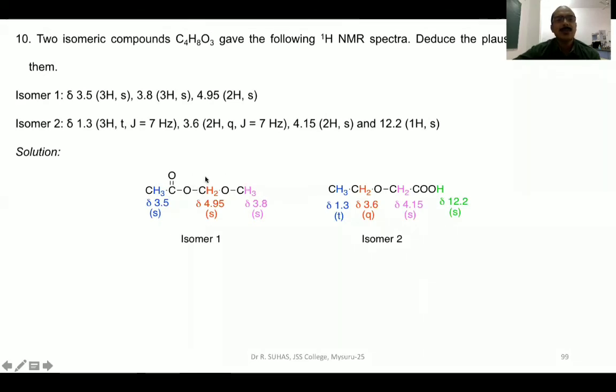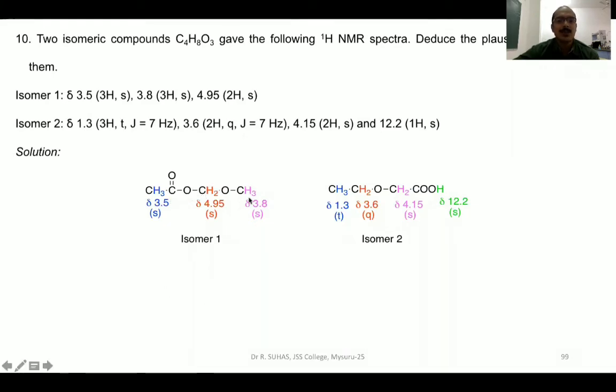In between, you have to play with the number of oxygen atoms. Between these two, you can put an ester function. Between these two, you can put an ether function. Why do you have to put a function here? Because it is showing 3.5, and this is not for a methyl ketone. A methyl ketone shows around 2.3, 2.5, but this is higher because there is another oxygen atom.